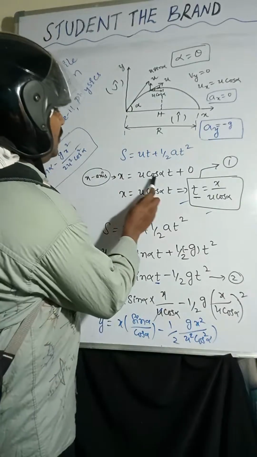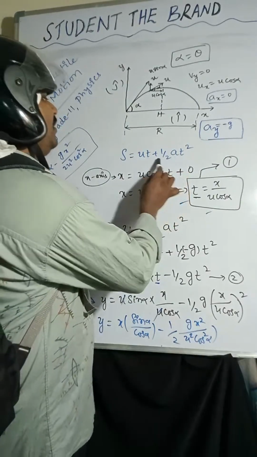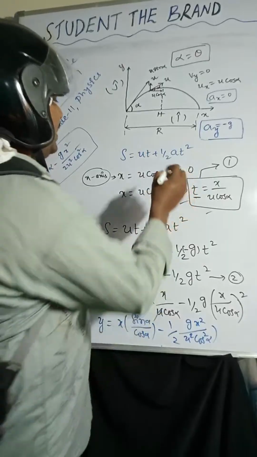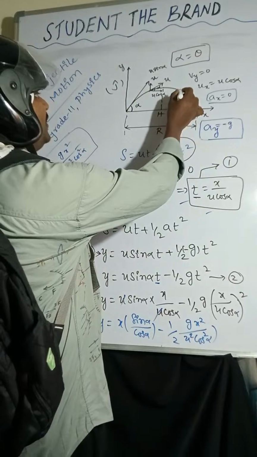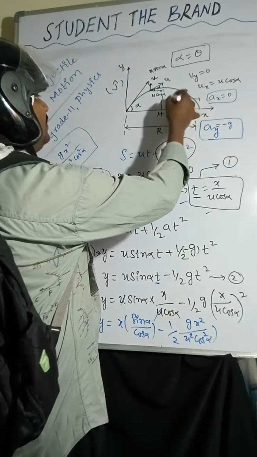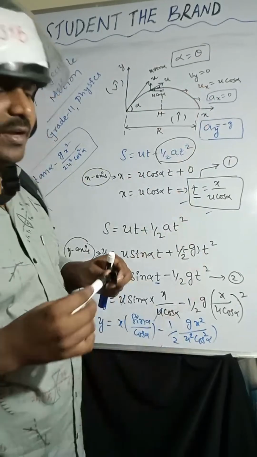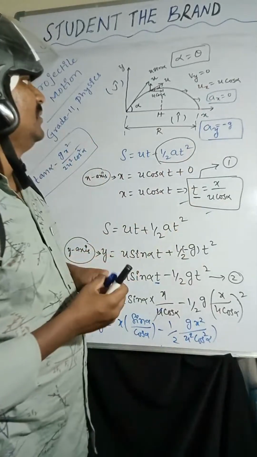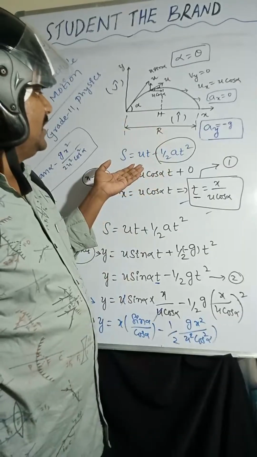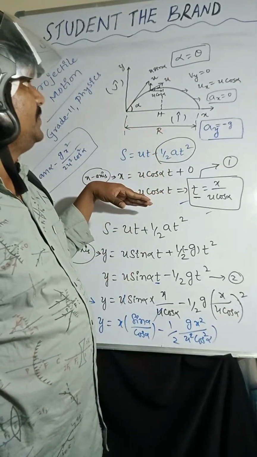So x equal to u cos alpha t plus, and why is this entire term 0 along the x-axis? Because throughout the path u cos alpha is the same, constant. That's why acceleration is 0.